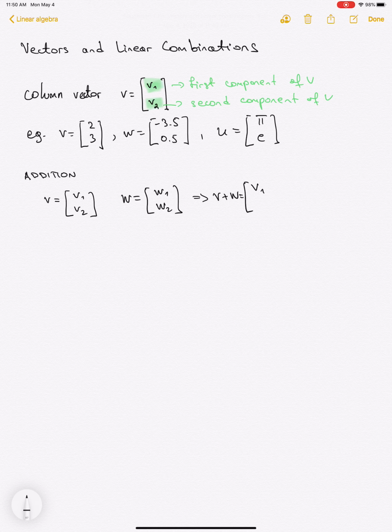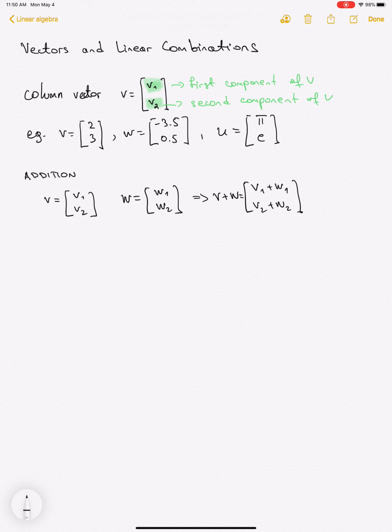It would be V1 plus W1, V2 plus W2. In the context of apples and oranges, this makes sense. If the first components are the apples of, say, two farms, then the joint farm has V1 plus W1 apples and V2 plus W2 oranges. So this is addition of two vectors.